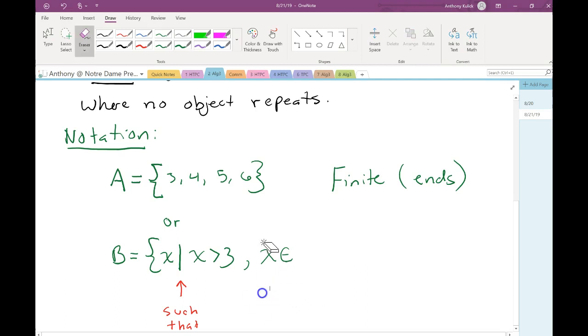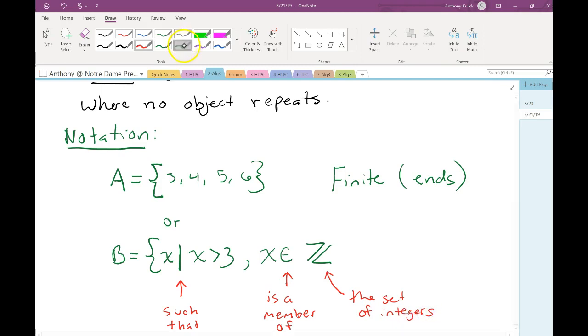This little E symbol here, I know I'm throwing a lot of notation at you, just means "is a member of," and then this symbol is the set of integers.